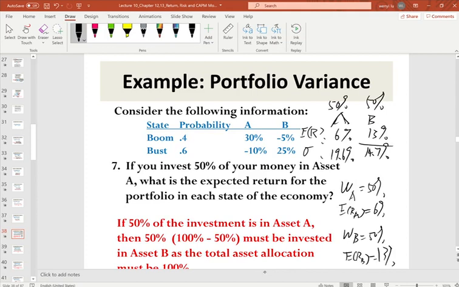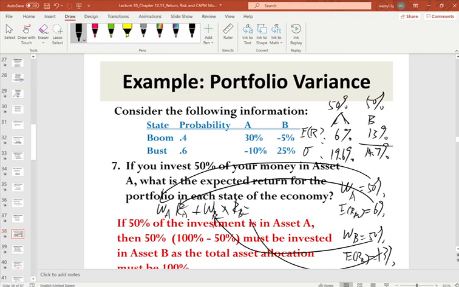So our portfolio's return will be the weight of A times the return of A, plus the weight of B times the return of B. Let's plug the numbers in: 50% times 6 plus 50% times 13. The total will be 9.5% if you do the calculations.